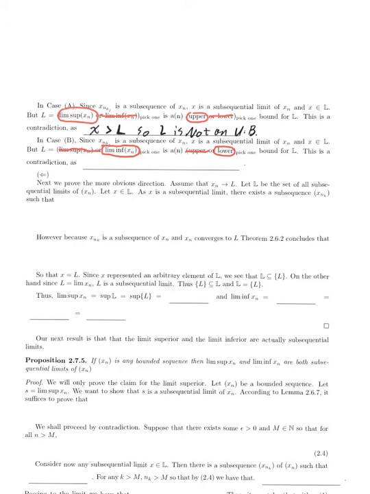It is a lower bound for blackboard bold L. This is itself a contradiction, as x in case B is strictly less than L, so L is not a lower bound. Nice.